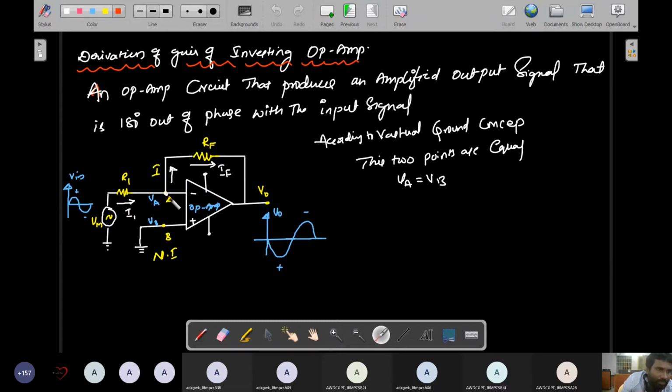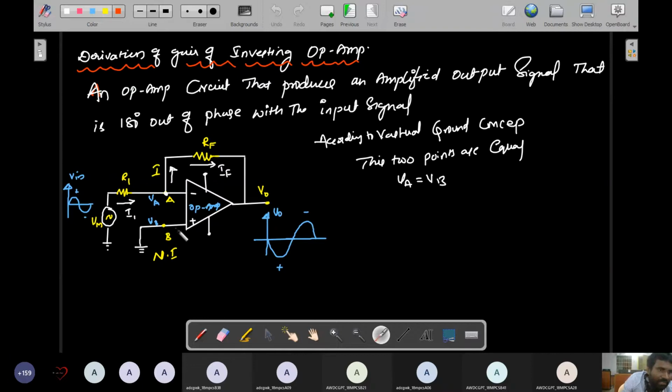See here, point A and point B. Point B is connected to ground through a wire, so the potential at point B is always zero.